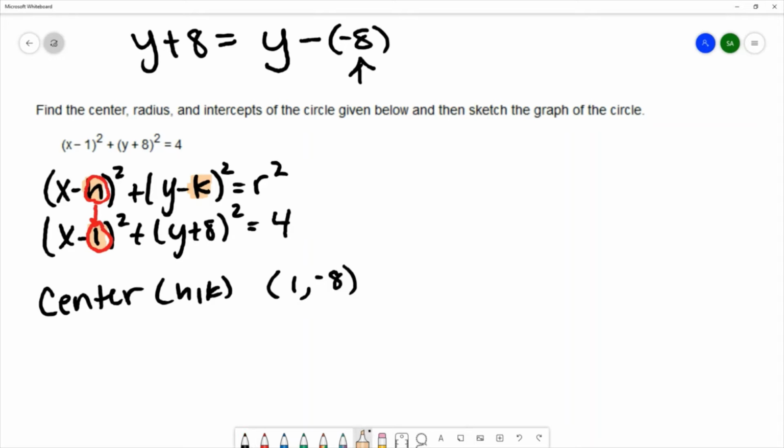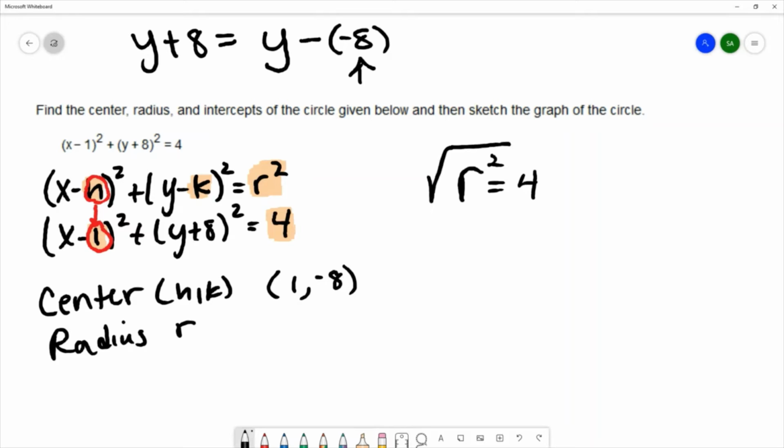Then you can also see that on the other side of the equation, we have r squared. R stands for the radius. On the other side of our equation, we have a 4. So we know that those two match. The radius squared will equal 4.